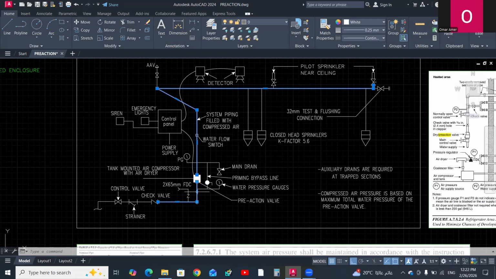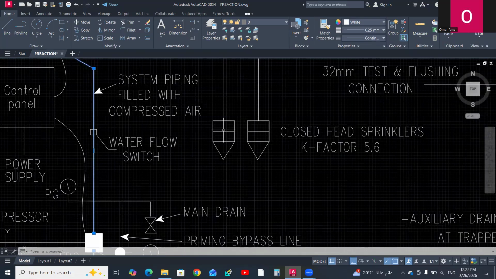So to activate the system in single interlock, you have just to pick a signal from the detectors through the control panel to the pre-action valve. And sprinklers open by heat effect and the explosion of the sprinkler head.